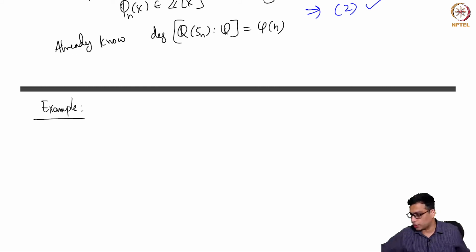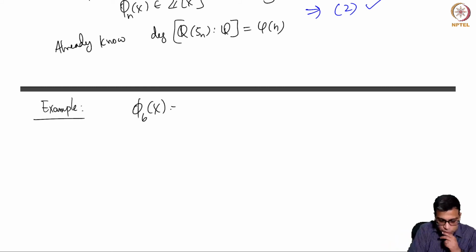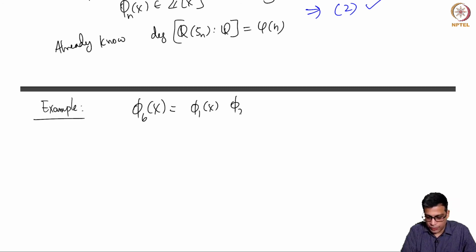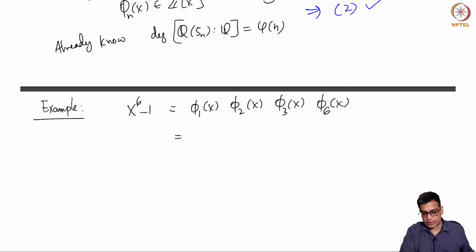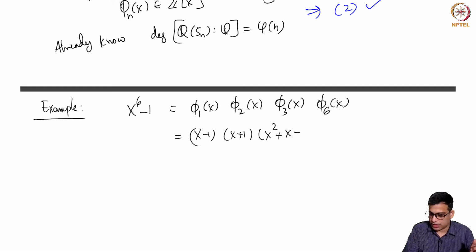So what is this example? Let me just go ahead and compute some other cyclotomic polynomials. So this is Phi1(x), Phi2(x), Phi3(x), Phi4, Phi6(x). This is x power 6 minus 1. But this is x minus 1, this is x plus 1, this is x square plus x plus 1. Okay.